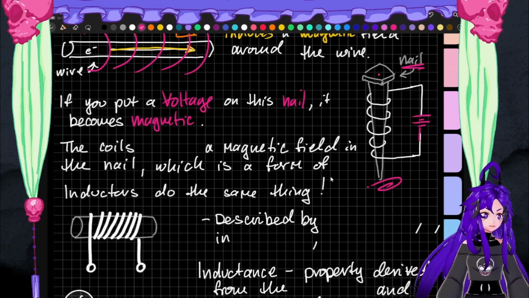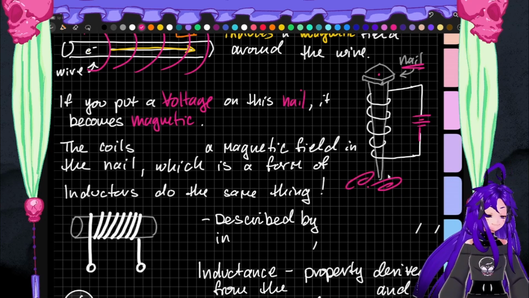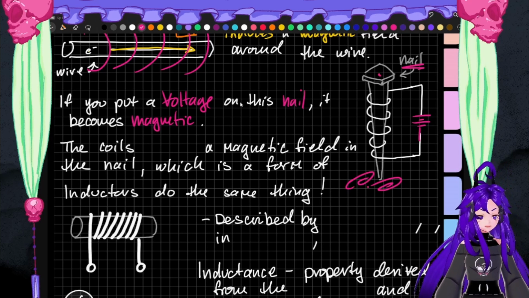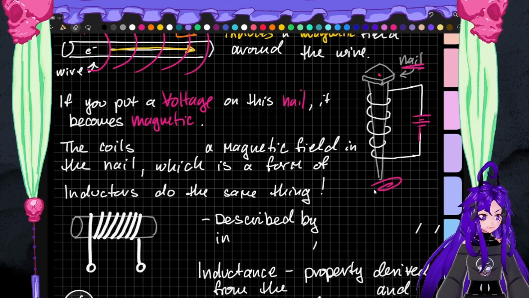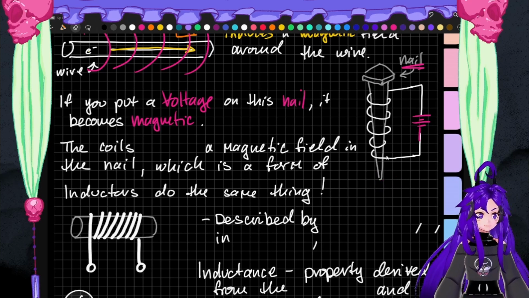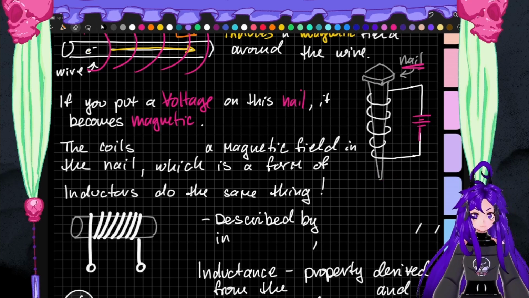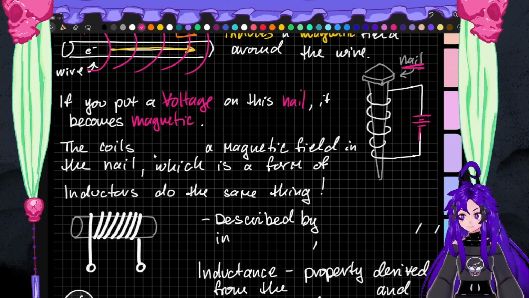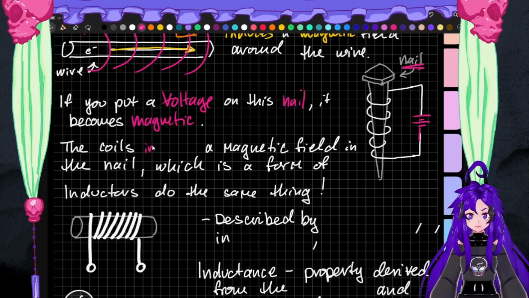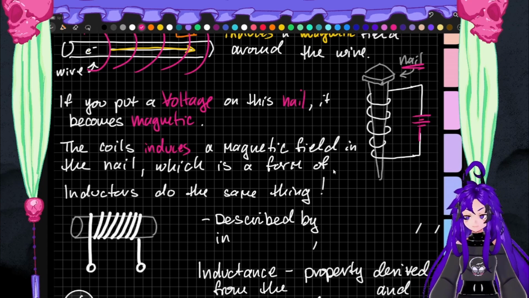That's probably still not a paperclip. I digress. This nail can now pick up paper clips. It is producing enough magnetism. It has been magnetized, okay? Well, the coil induces a magnetic field in the nail, which is a form of energy.